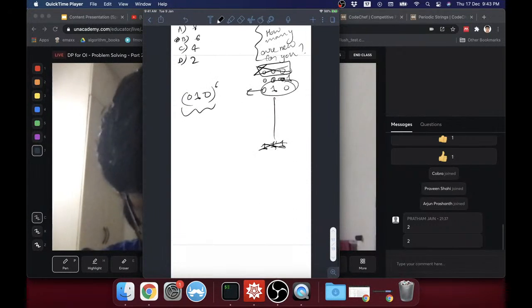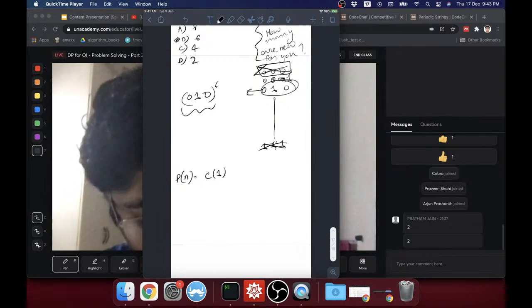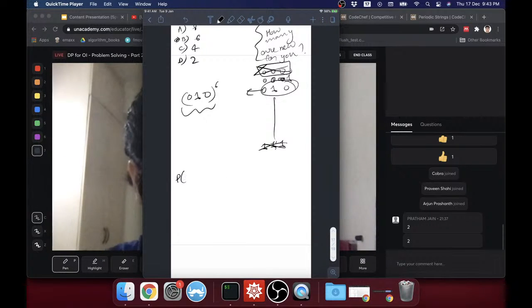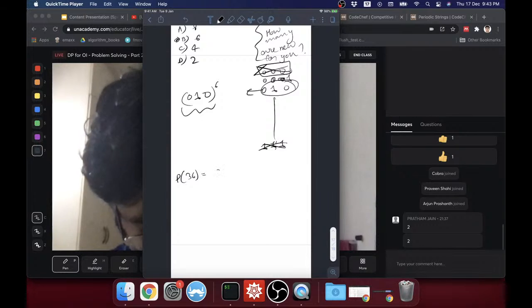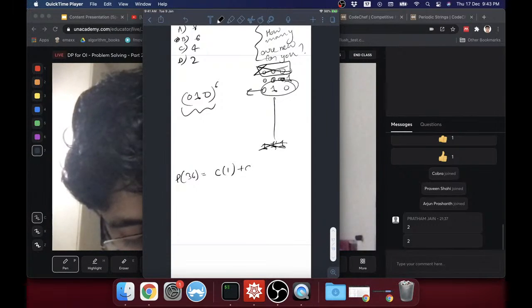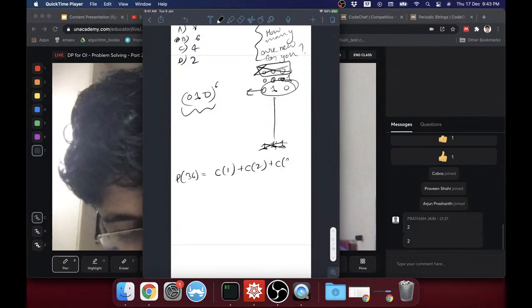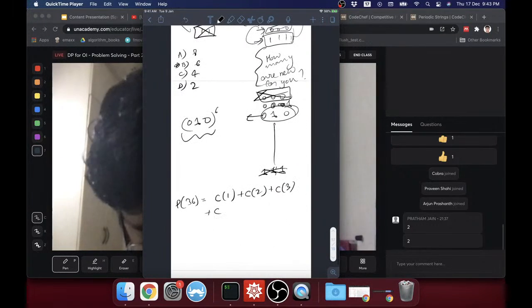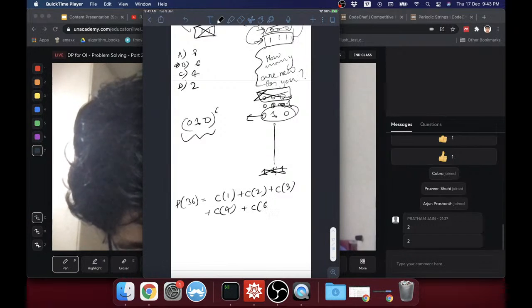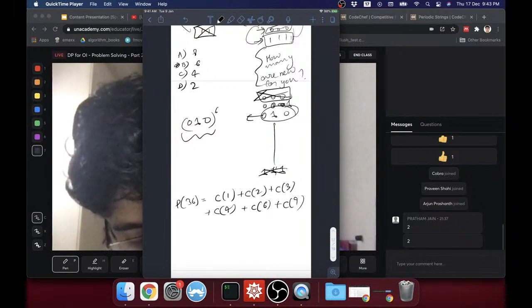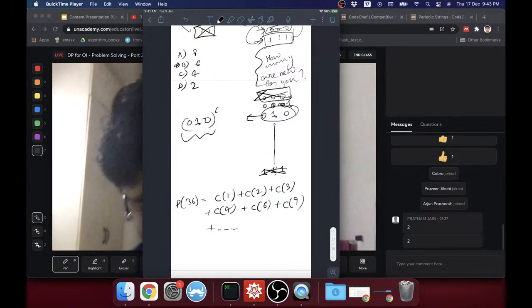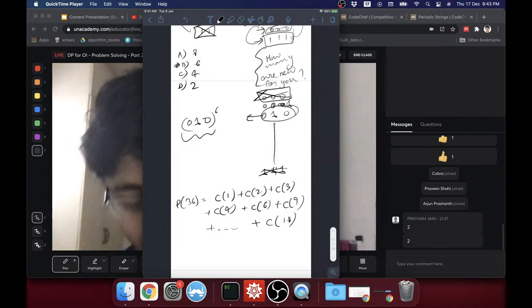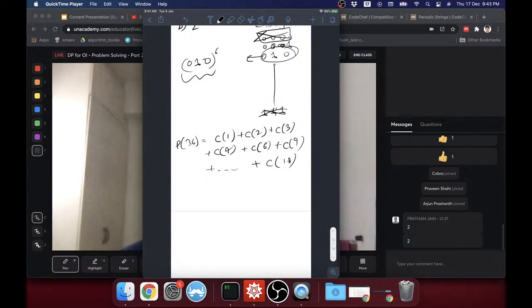So we can say something like P of n is equal to contribution by the first guy, or okay, for our example, P of 36 is equal to contribution from the first guy plus some contribution from the second guy plus some contribution from the third guy plus some contribution from 4th, 6th, 9th, and so on. I'm just listing out all the factors. 18th guy. Okay, but what are these contributions?